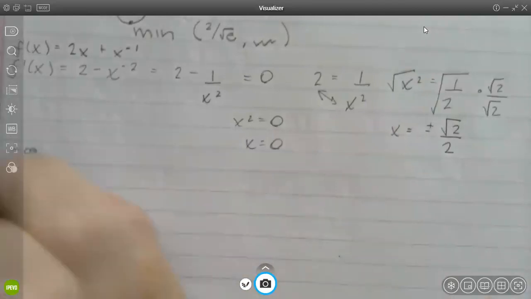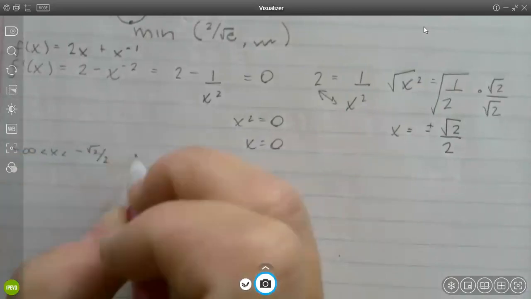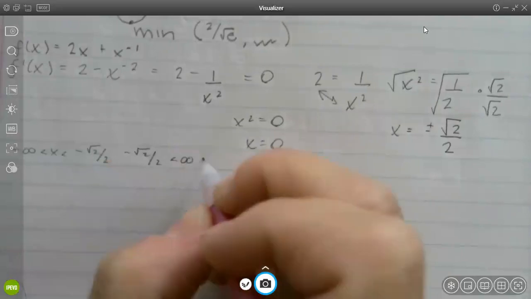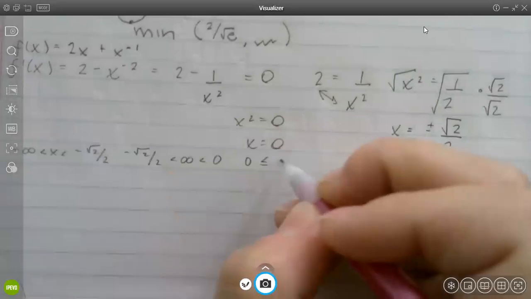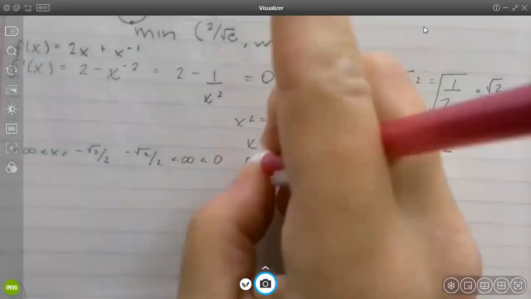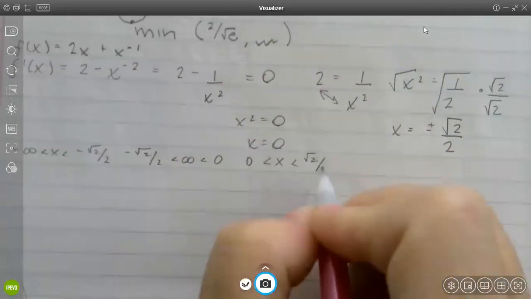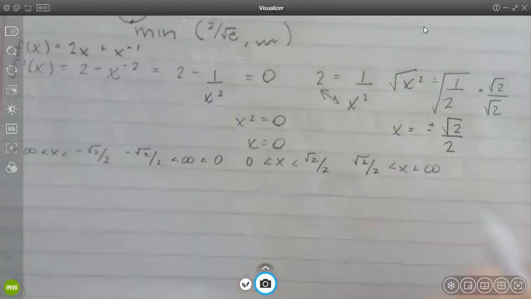You will go negative infinity to negative square root of 2 over 2. Negative square root of 2 over 2 to 0. 0 to square root of 2 over 2. Square root of 2 over 2 to infinity.